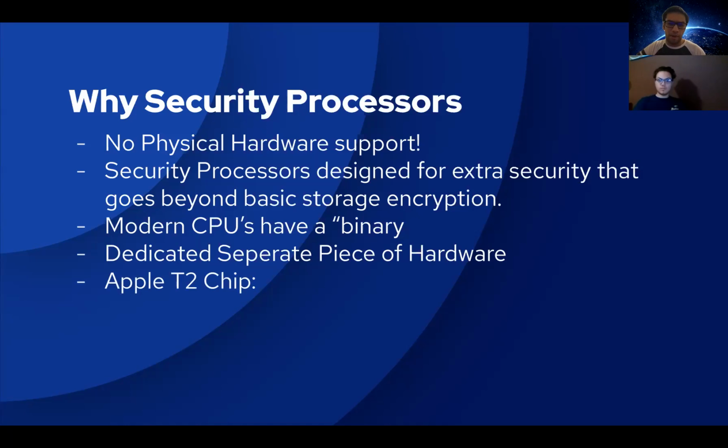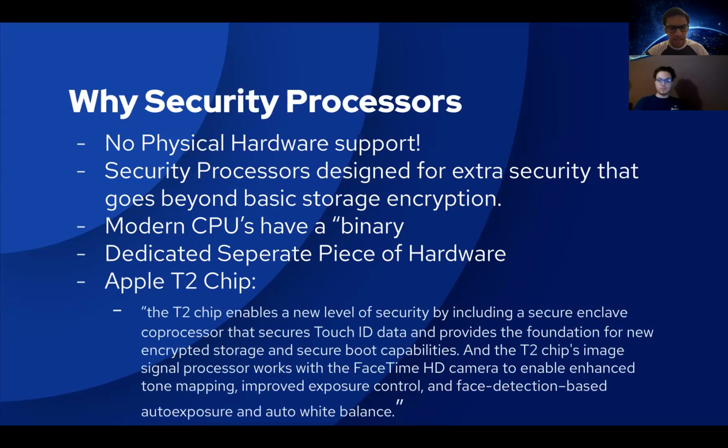You might be wondering what these security processors do exactly. What's the end goal? In the Apple support documentation, they listed this description of the T2 chip. In general, it secures all the authentication data, such as Touch ID data, and the FaceTime HD camera in your iPhones.